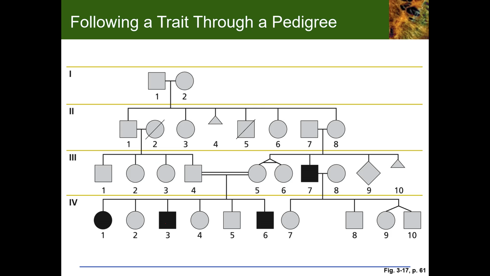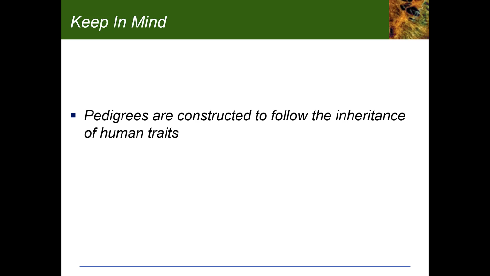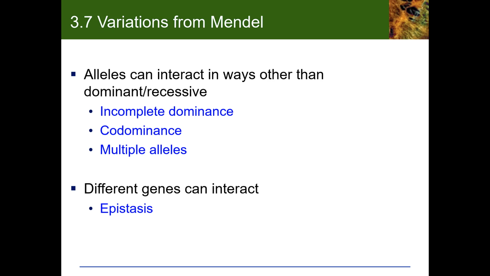So we know that is going to happen, and so on and so forth. So you can kind of work these things backwards and usually figure out a good deal of the information, especially the more you can collect in a family history from a patient, the better off you are in figuring these out. So keep in mind, pedigrees are constructed to follow the inheritance pattern of human traits.